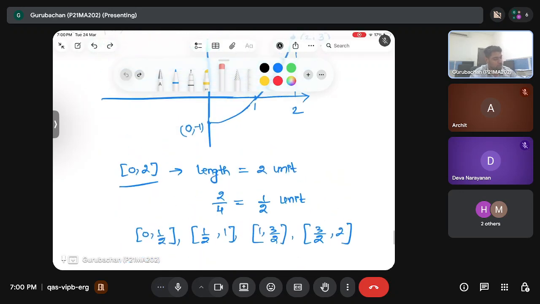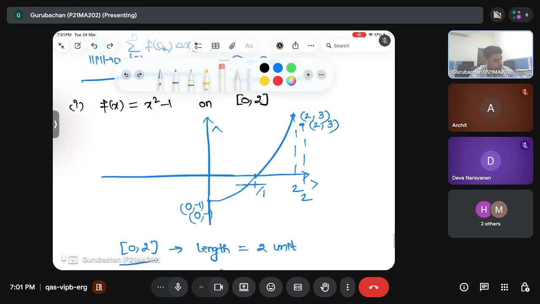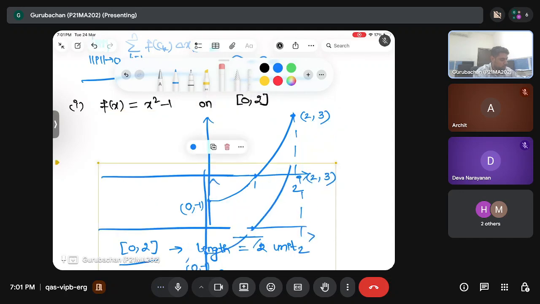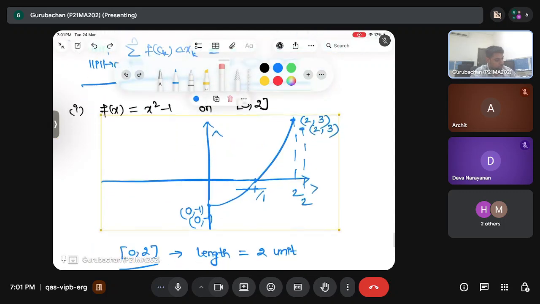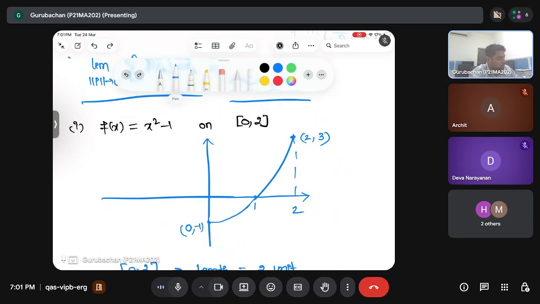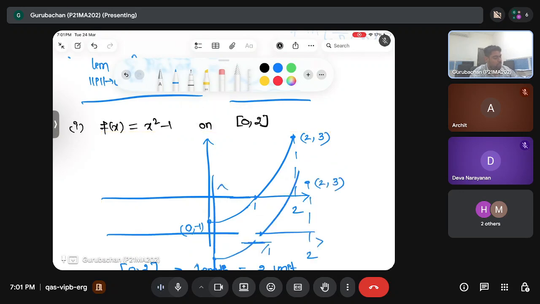Let me just draw it again. This is our original graph, and here we need to draw four rectangles. So in the first case, what will be your ck?